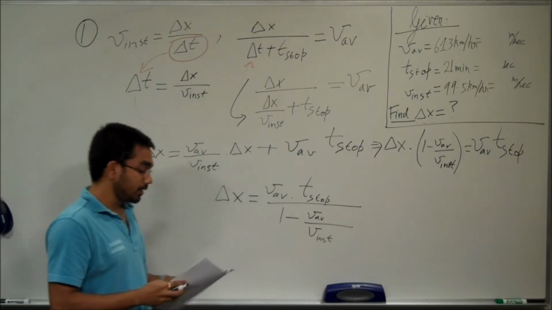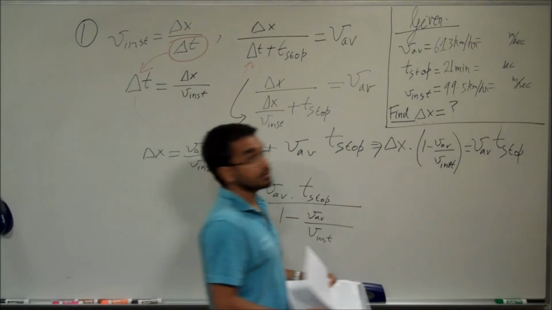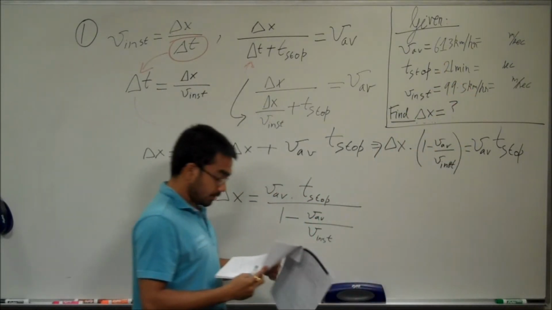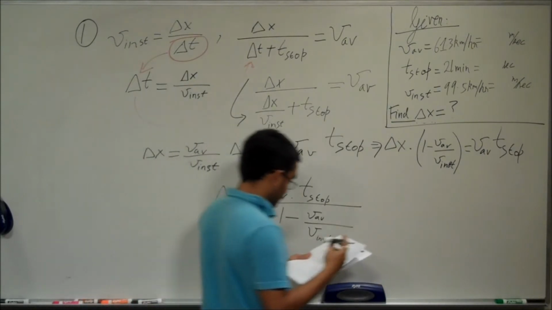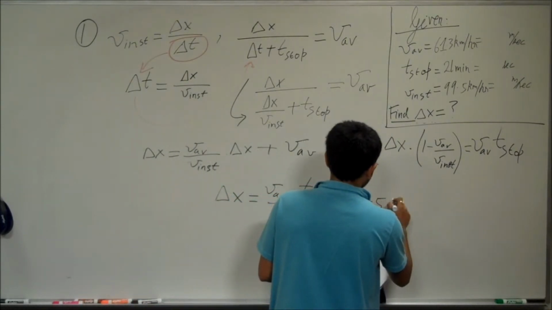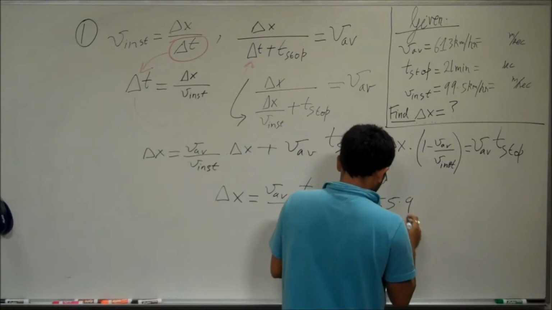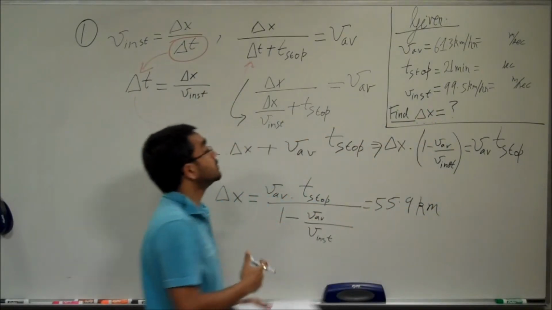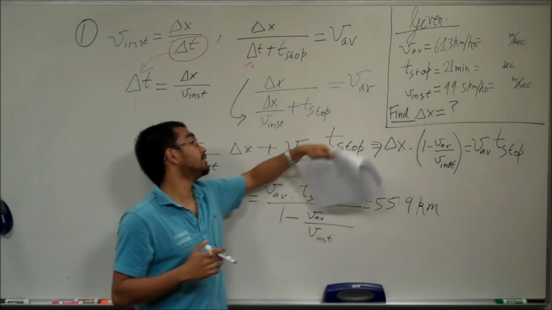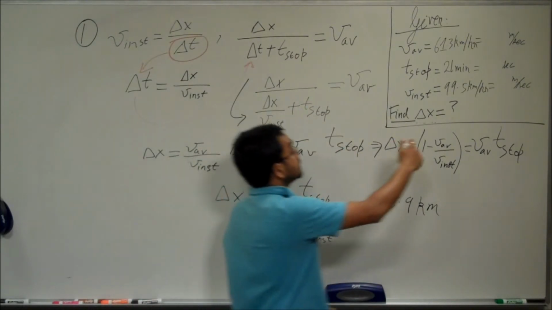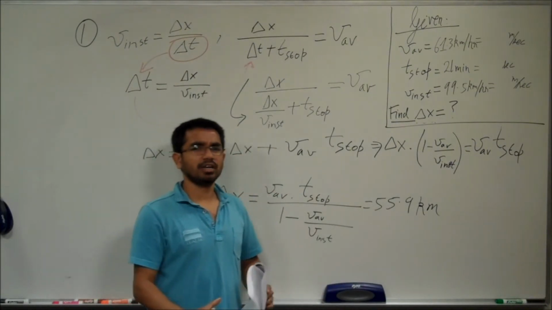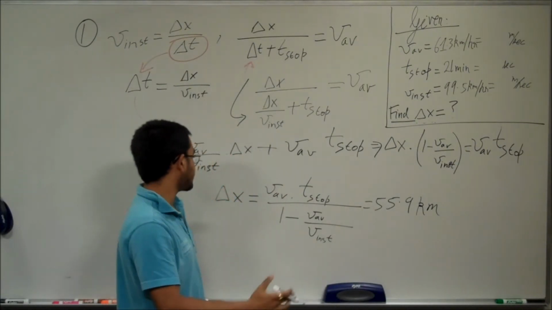Plugging the numbers in, and be careful, you have to convert to meters per second and seconds, I get delta x is equal to 55.9 kilometers. Of course, you could do this without changing to meters per second. You could just take kilometers per hour, convert the time to hours, and do it. But my advice is always to try and be consistent and work with SI units.